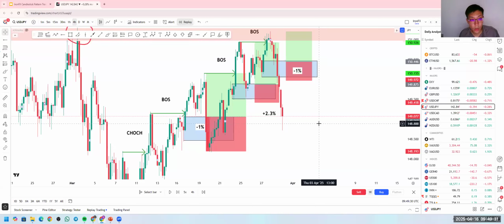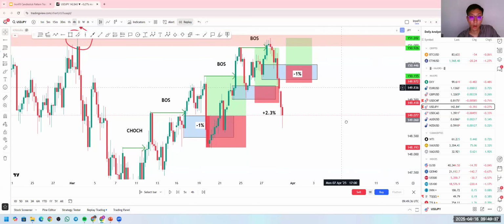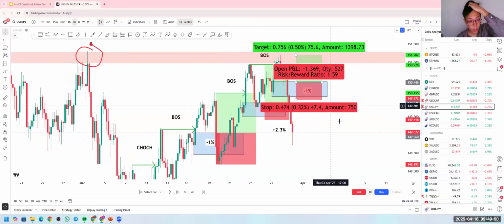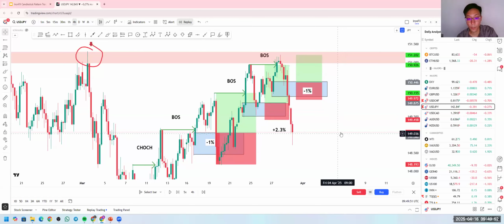Usually for big accounts, you use only 1% per trade. But this is to show you guys how I use bearish and bullish engulfing candles together with the three black crows or the three white soldiers.